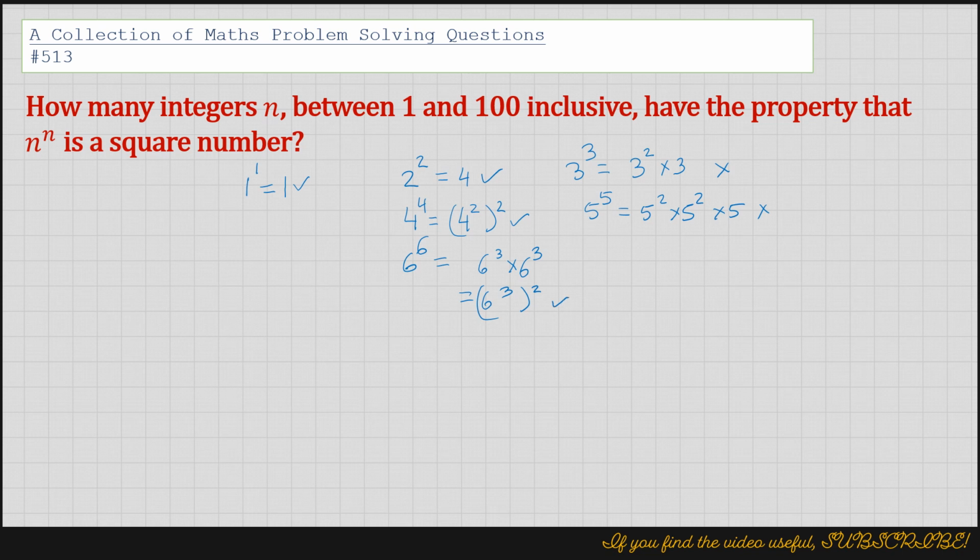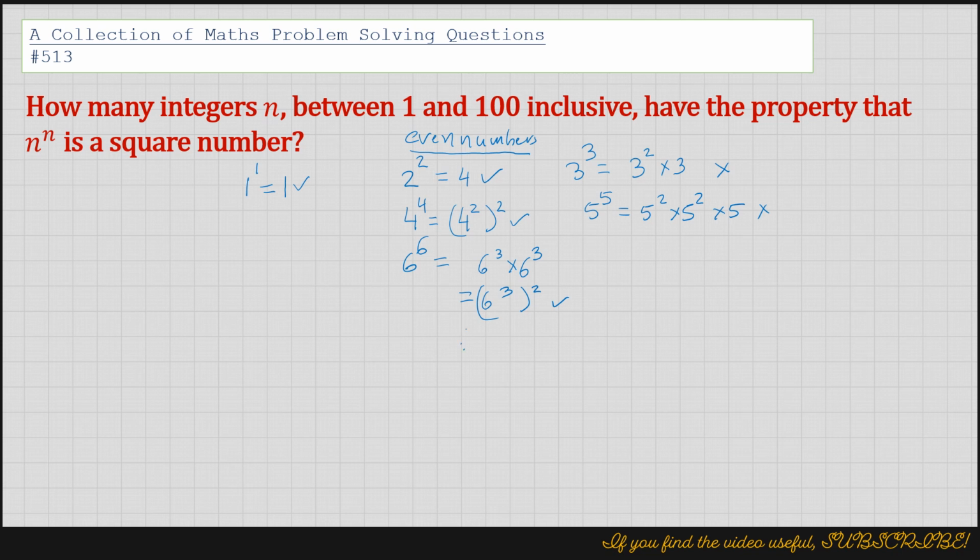So we already see a pattern that all the even numbers can be expressed as a square.